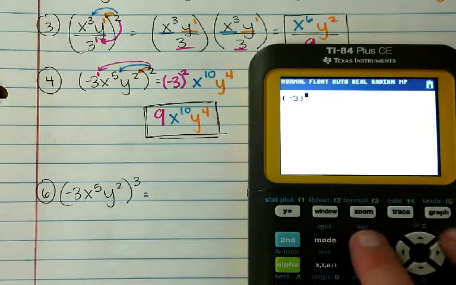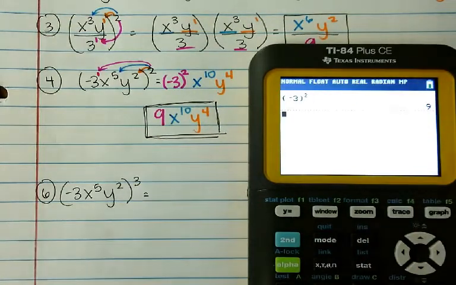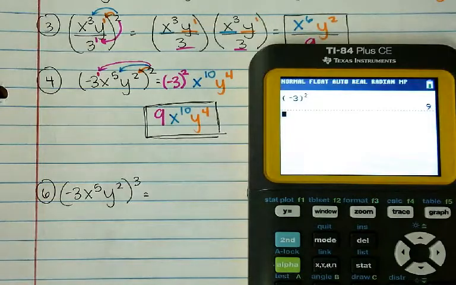I feel like our calculators are really smart with a lot of things, but with negative numbers, they're just dumb. They can't figure out the difference between a negative sign and a minus sign. It's super annoying. But guys, make sure you put it in the parentheses so you get the right answer. You don't want to do it without the parentheses. Okay? All right. So that's number 4.